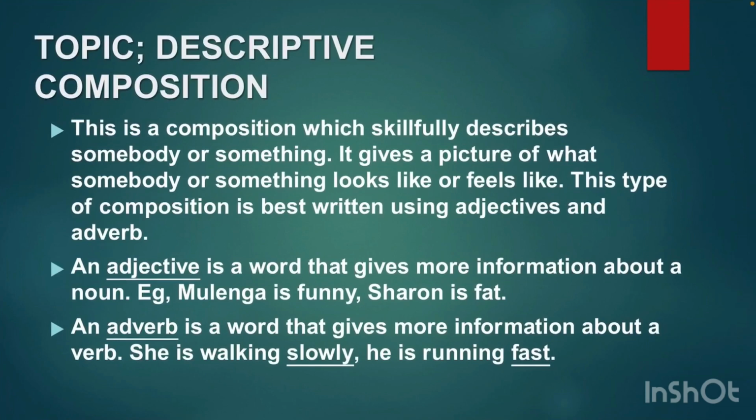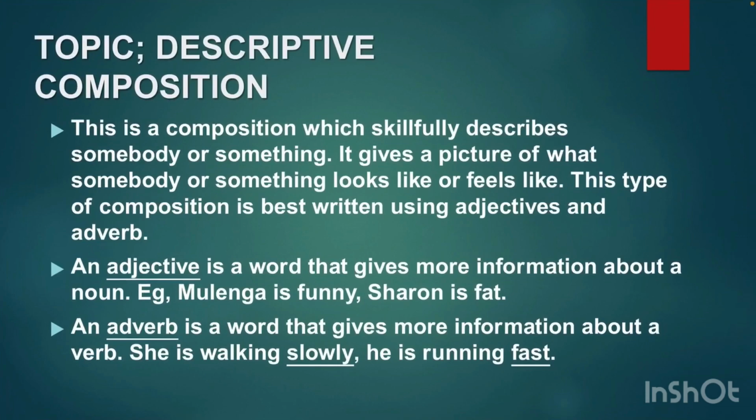Let's say Mulenga is funny. Funny is giving us more information about Mulenga, trying to describe Mulenga. So funny is an adjective. Sharon is fat. Fat is telling us more about Sharon. Hence, fat is an adjective.